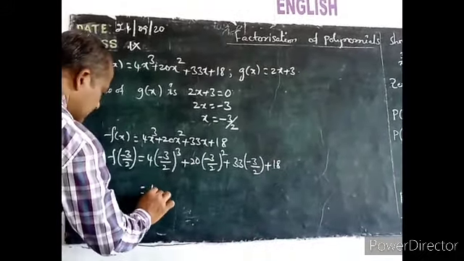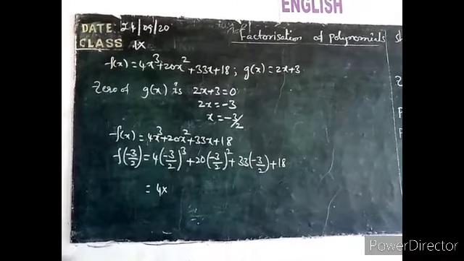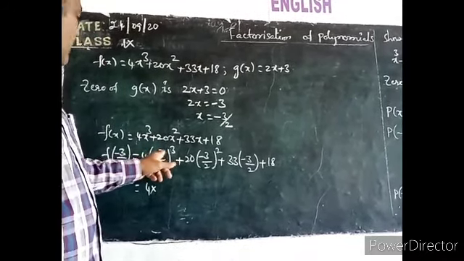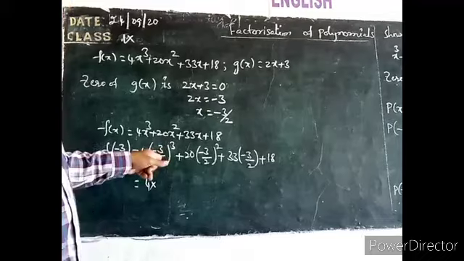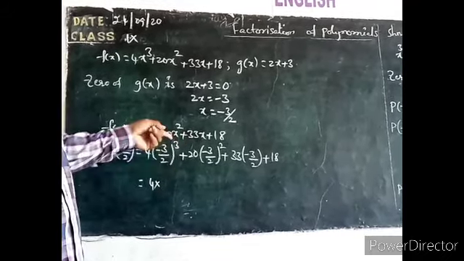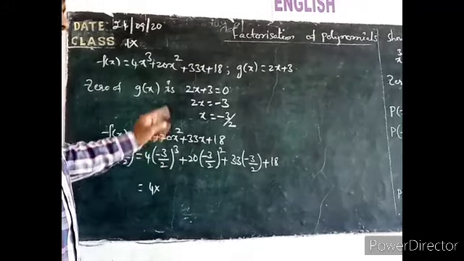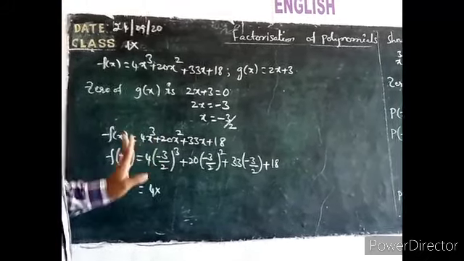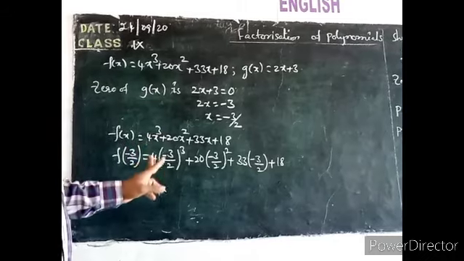Now 4 as it is into minus 3 by 2 whole cube: the power will apply to both numerator and denominator. It means minus 3 cube and 2 cube.